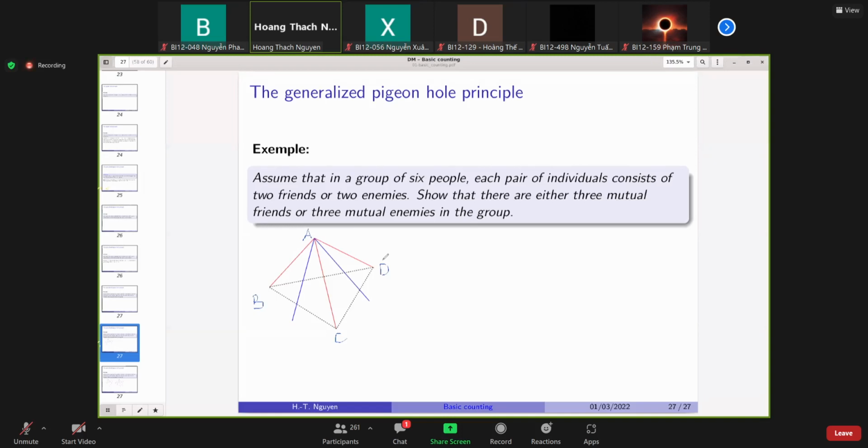So here there are two cases. Among B, C, and D, we look at this triangle BCD. If this triangle has a red edge, for example, if BC is red, then we have a red triangle ABC. That means that this is a group of three mutual enemies.